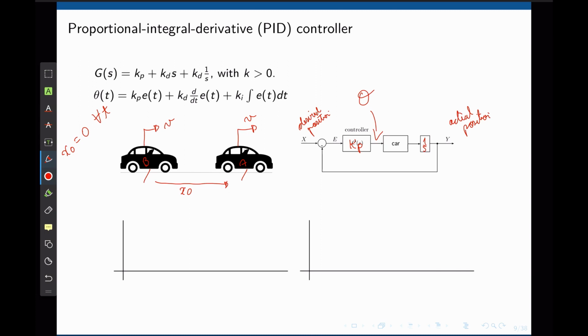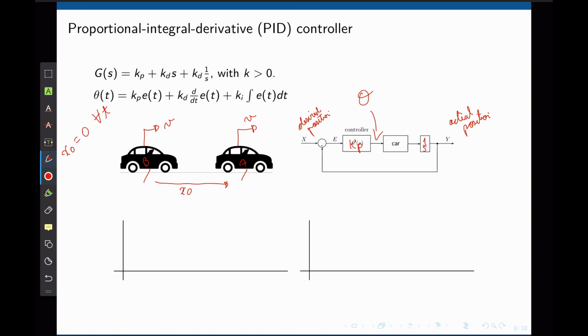x0 must be non-zero. Again, the error is x minus y, and the control effort, the throttle angle, is equal to a proportional constant times that difference. If this difference is 0, so is the throttle angle, and car B simply stops. So this can only work provided that x minus y is different than 0.